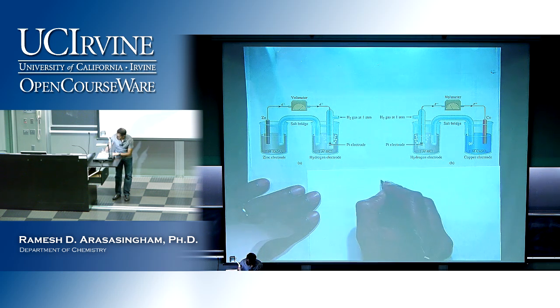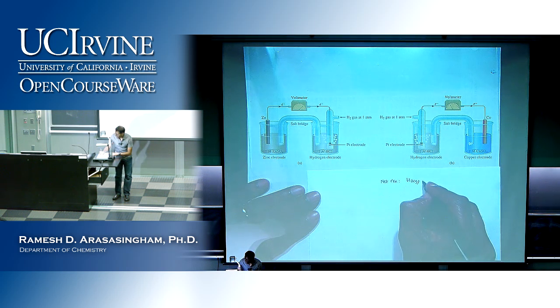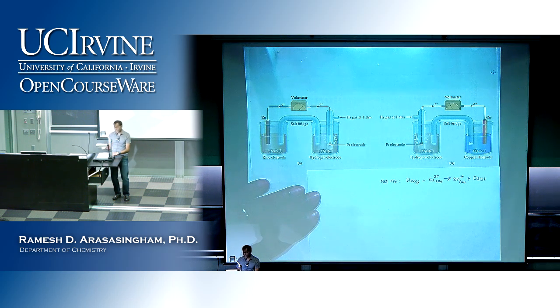So that means the net reaction here would be H2 gas, all right, plus copper 2 plus aqueous, giving me 2H plus aqueous plus copper solid. Okay, so this is the reduction half reaction. This is the oxidation half reaction. 2 electrons are being transferred.